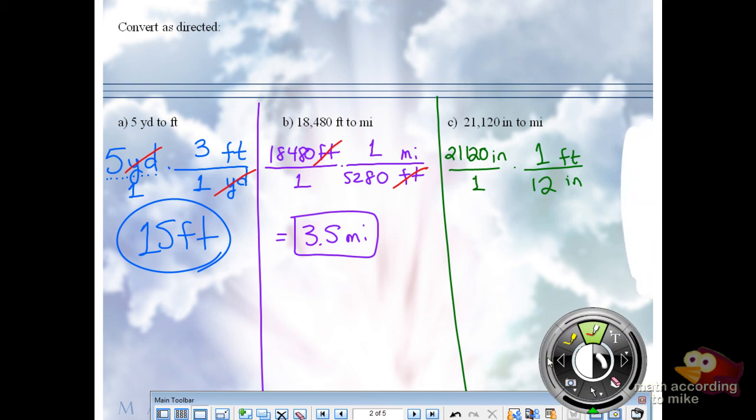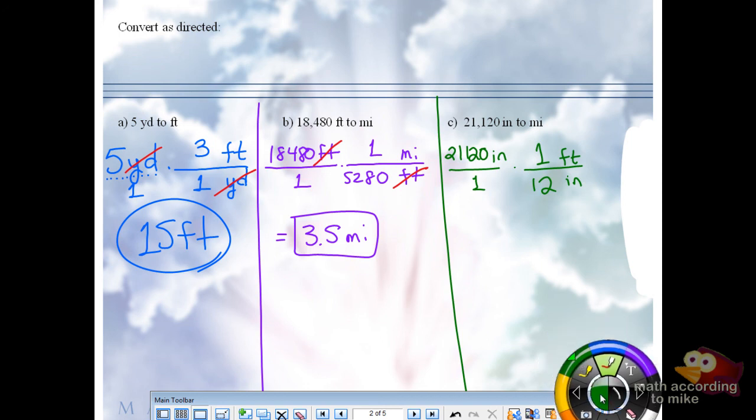So now let's convert this into miles. So we're going to multiply by another unit fraction. Since we want to get rid of feet, feet is currently on top, feet's going to go on bottom. We're going to put miles on top. So again, page 314.